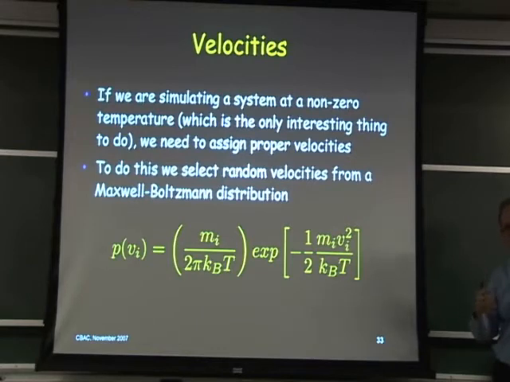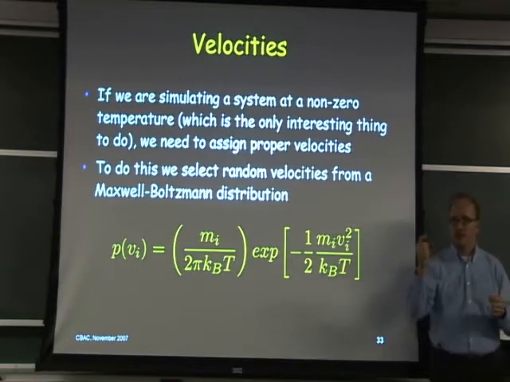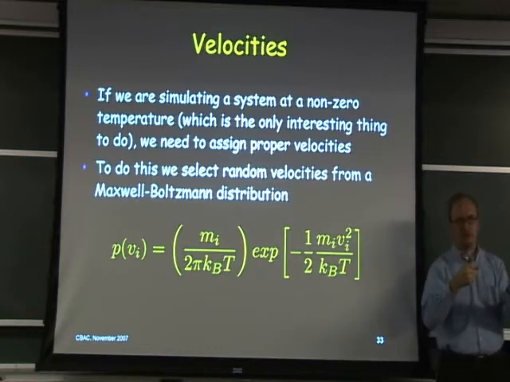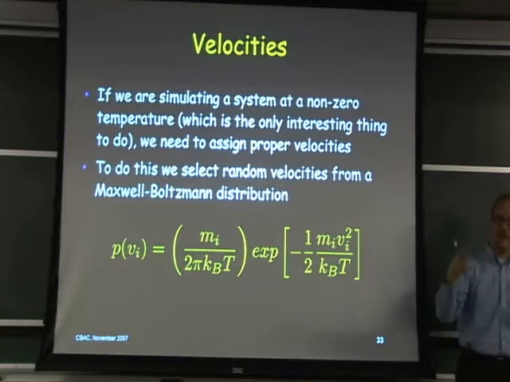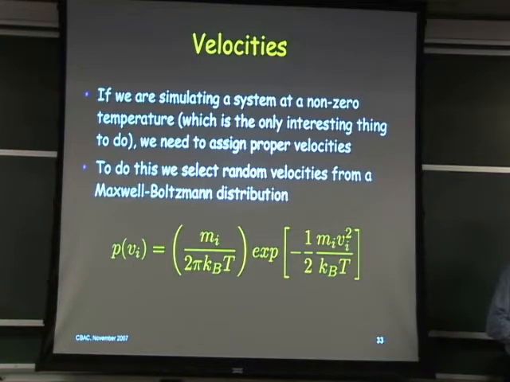Based on that equipartition theorem, you can develop a probability distribution for velocities, which would look something like this. Once we set the temperature, then this entire distribution is set, and for a given mass, for a given atom, we'll simply choose a velocity randomly from this distribution. We've got enough atoms in the system that the averaging will work out over the distribution, so we'll get the correct temperature to start with.